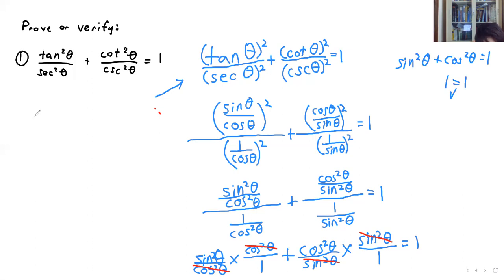Okay, so we can also just expand it into tan theta over sec theta, and I'll do the same for the other fraction.